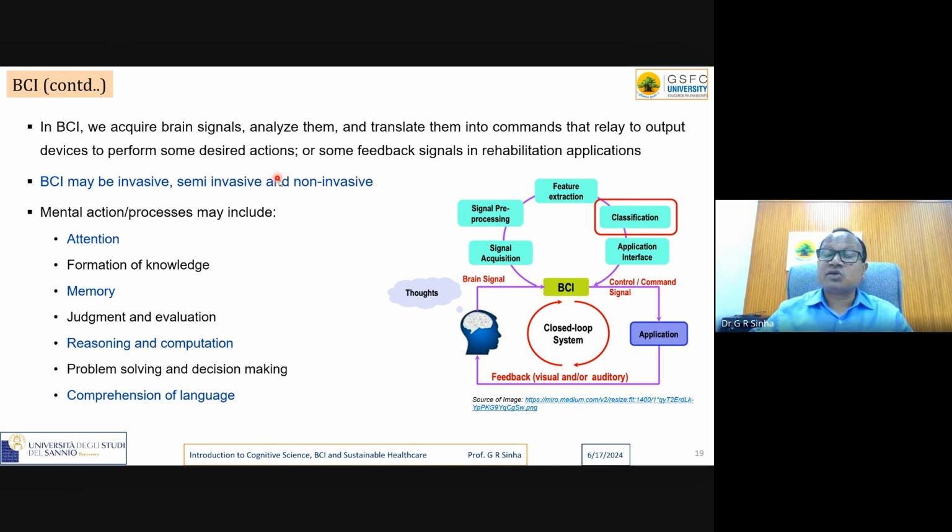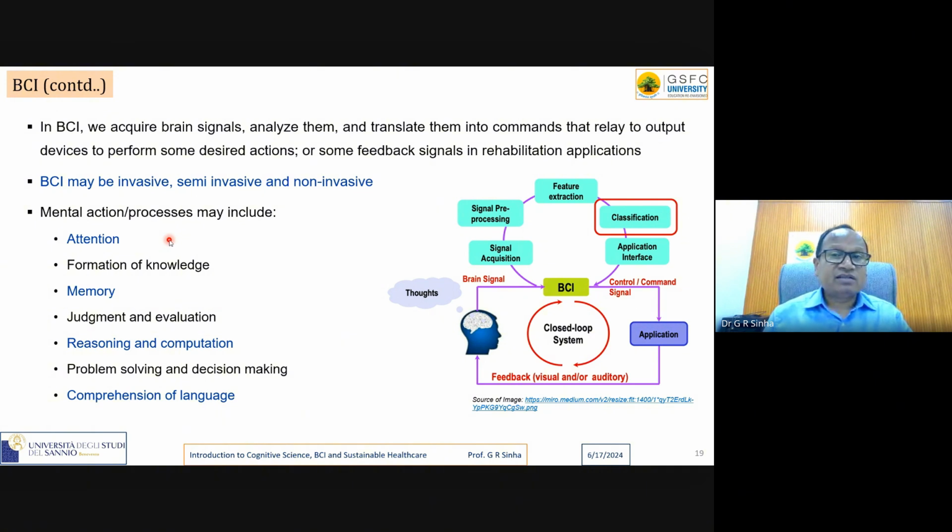So, what is non-invasive? EEG is non-invasive. So, what are those processes? What are those mental actions which are studied with the help of BCI that may be related to attention, how much we pay attention, whether attention ability is reducing because of watching movies for a long time, whether attention ability is increasing by doing some meditation, some mindfulness practices.